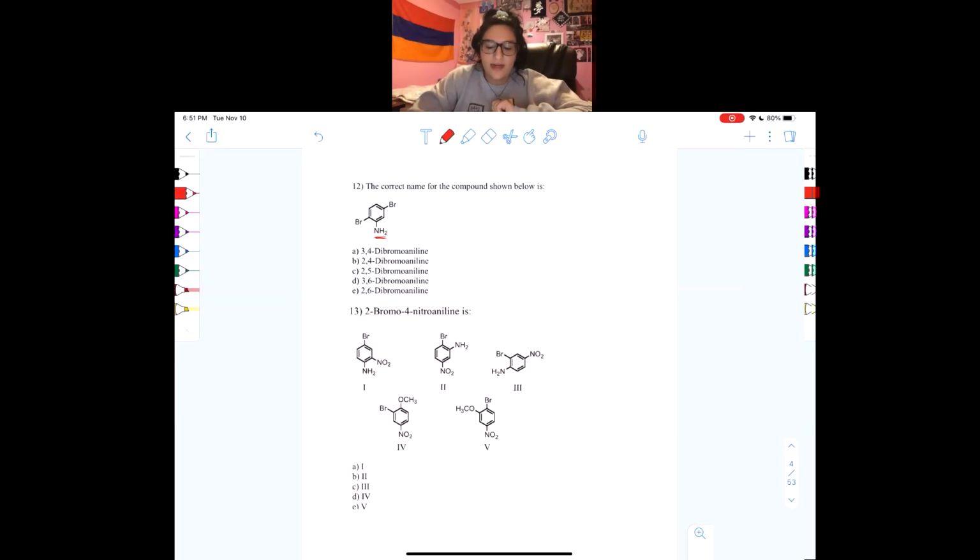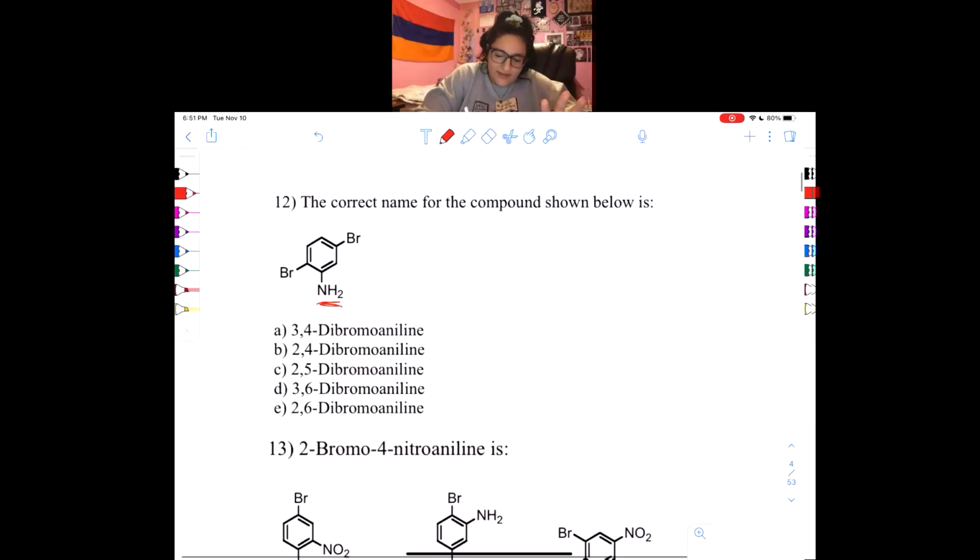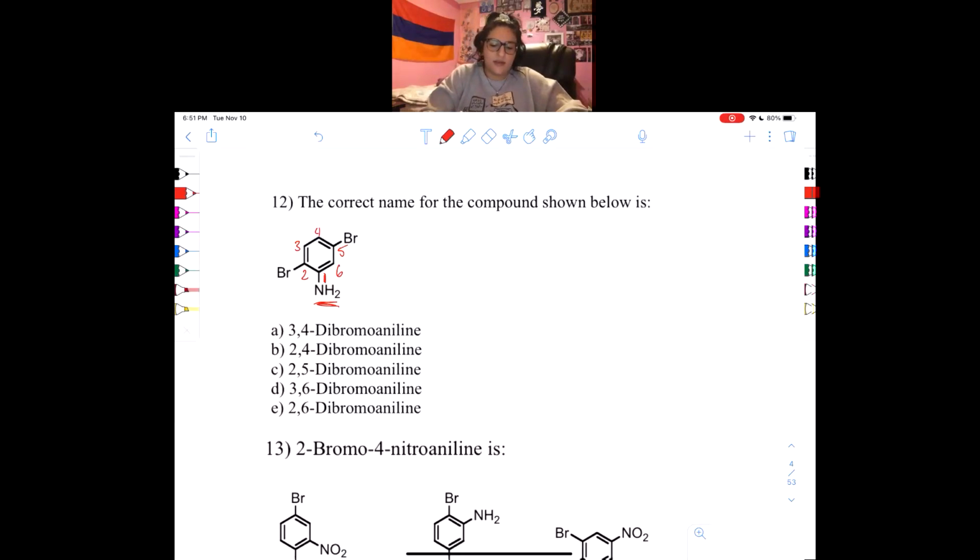So we know that whatever it is will be something aniline, and the numbers are going to be in reference to our NH2 group. So if we count this as 1, it will be 1, 2, 3, 4, 5, 6. So we're looking for 2,5-dibromoaniline.